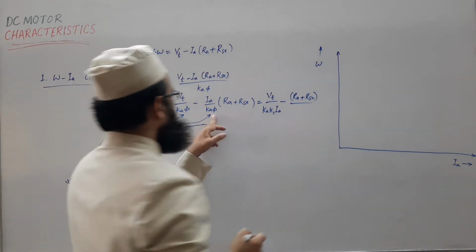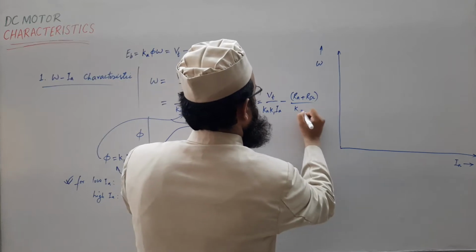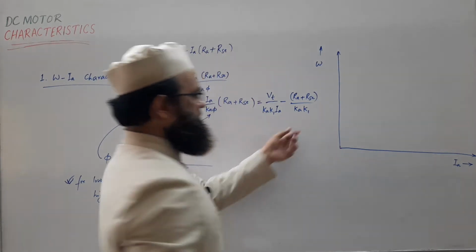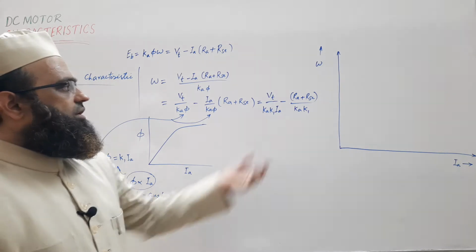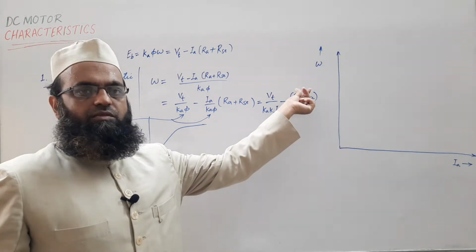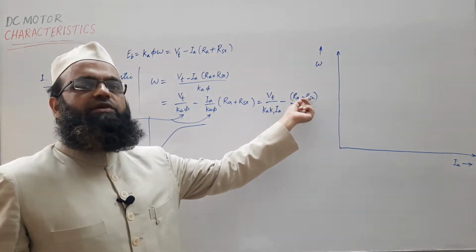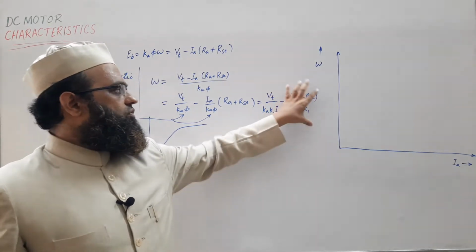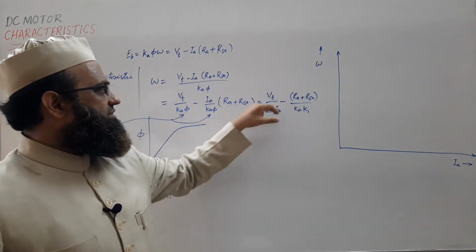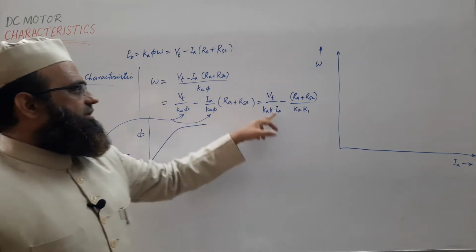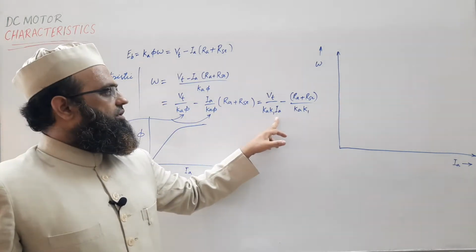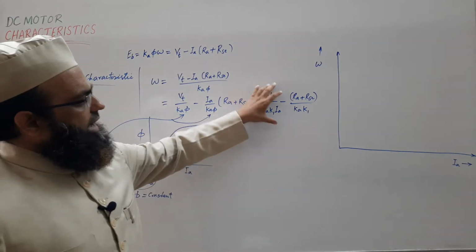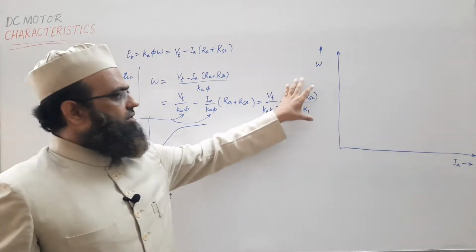In the denominator we get Ka K1, a product of two constants. Armature circuit resistance and field circuit resistance are constant values. So overall, the speed is inversely proportional to Ia, minus some constant.